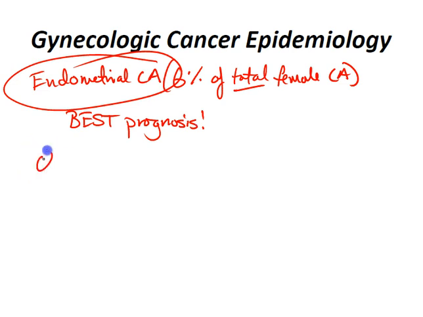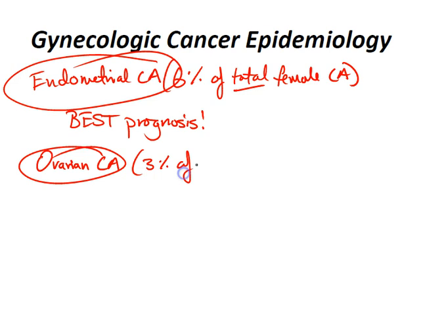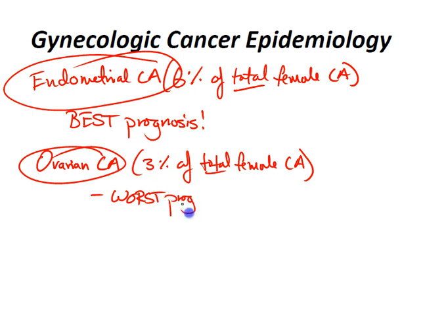Ovarian cancer is about 3% of total female cancers, and it has the worst prognosis. You do not want to get ovarian cancer as a female. Okay? So endometrial cancer has the best prognosis. Ovarian cancer has the worst prognosis.